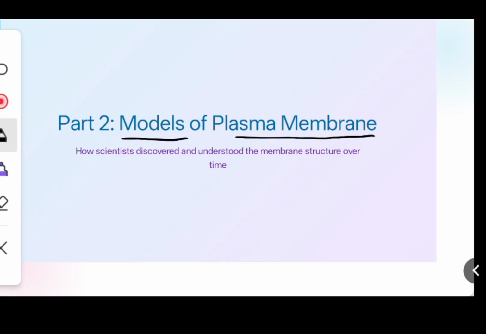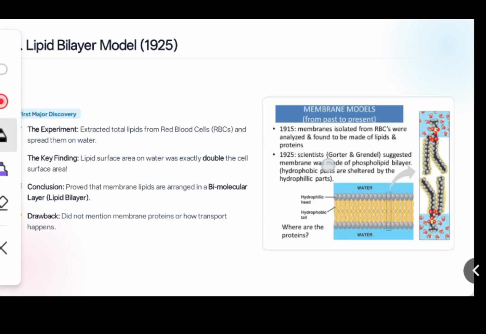All these models were involved in the discovery of the plasma membrane structure. So we can know it through a periodic way. The first one is the lipid bilayer model.